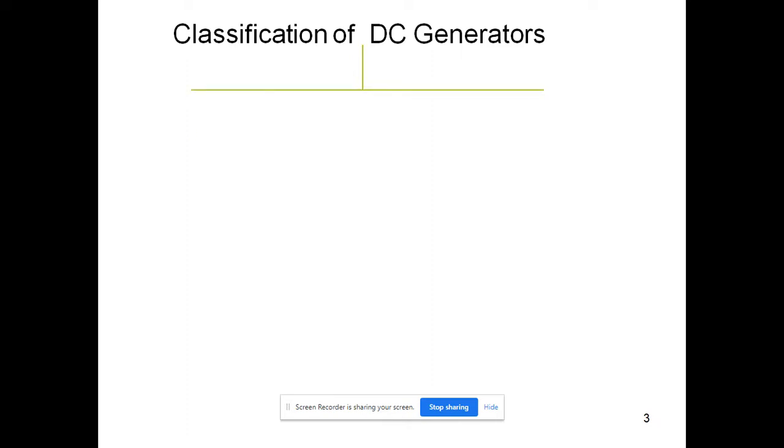This is classified into two types. First one is separately excited generators, means here the excitation for these generators is provided by some external source that may be a battery, means the magnetic field is produced by some batteries.